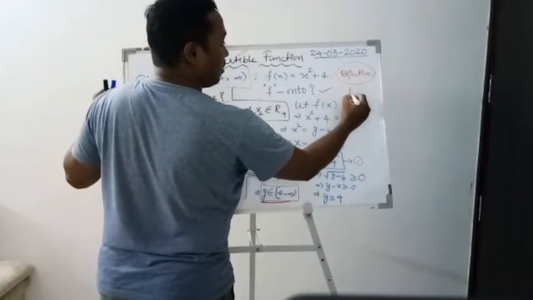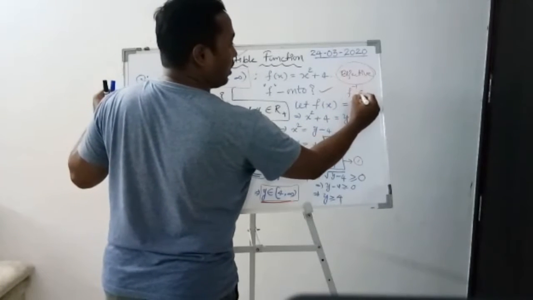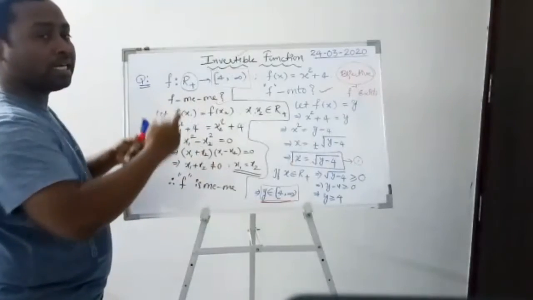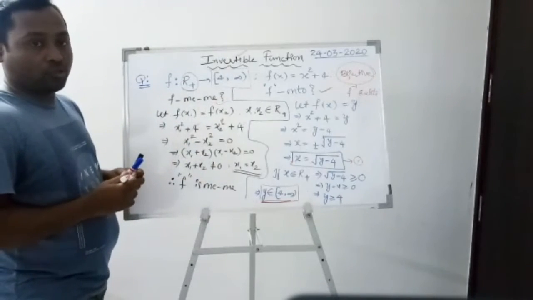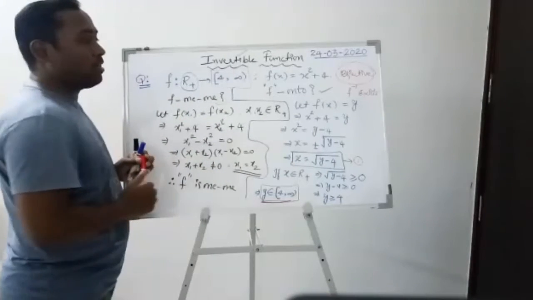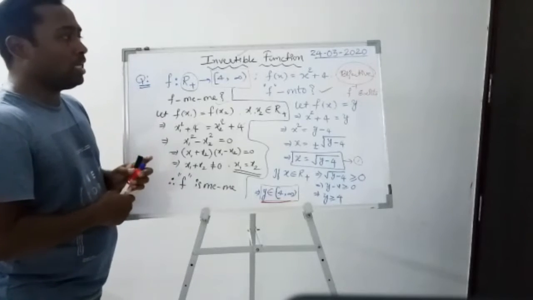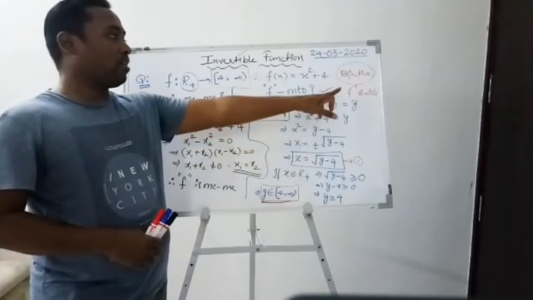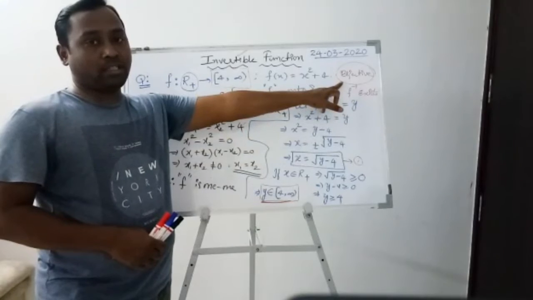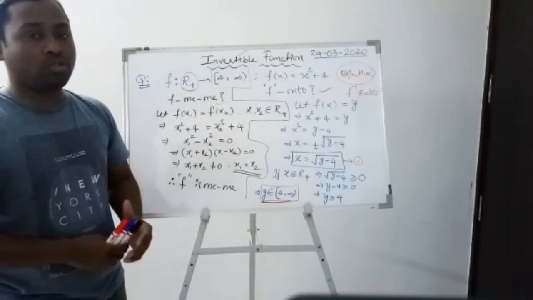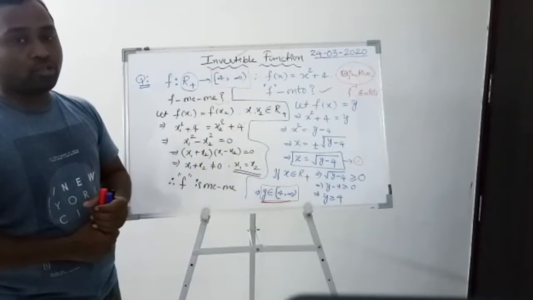We can say here f inverse exists, means we can find its inverse. So this is one of the testing processes for whether the function is invertible or not, just by proving the given function is bijective or not. This is one of the techniques we have used in previous lectures also.